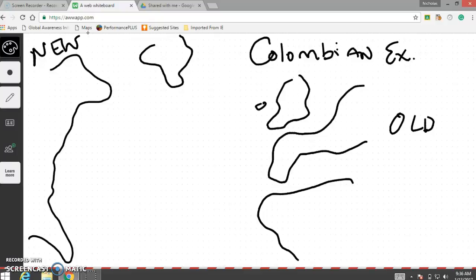When these things came in contact with each other through the Columbian Exchange, it did have a profound effect on each region. Okay, but in order to control the exchange of these things, European powers started to impose laws about where their colonies could trade, and England imposed a series of laws called the Navigation Acts.